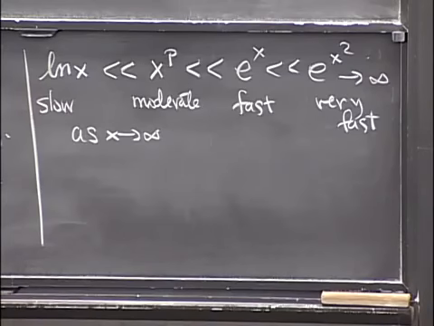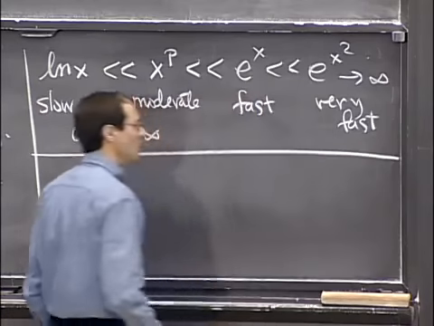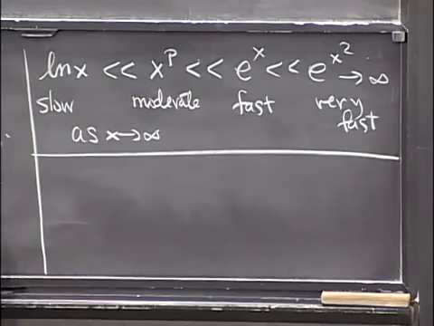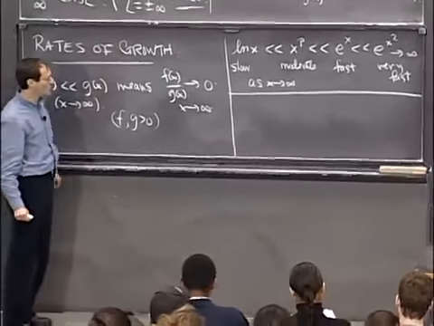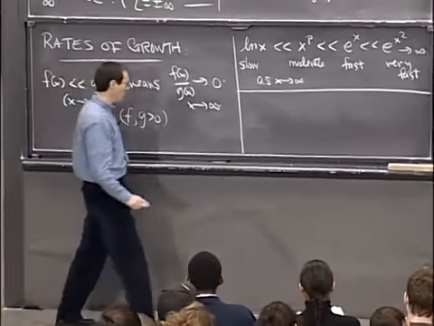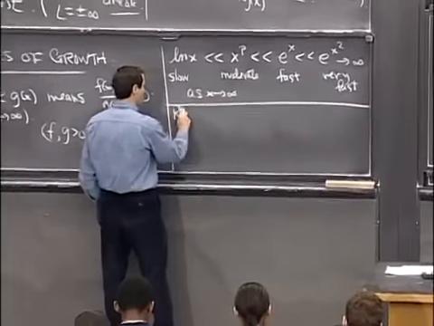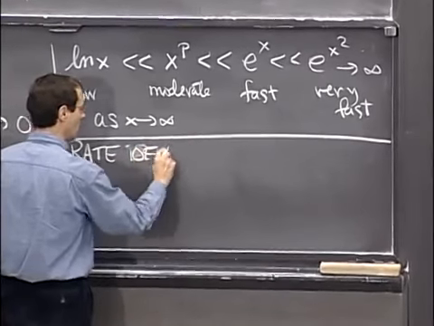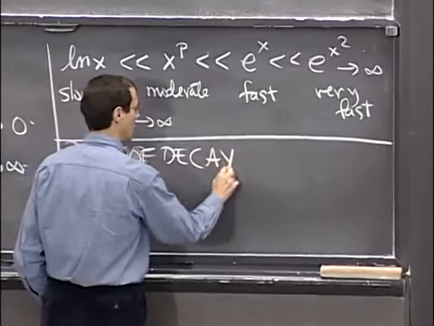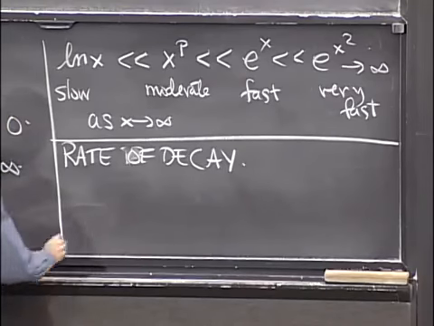And analogous to this, and today we're going to be needing to do this quite a bit, is rates of decay, which are more or less the opposite of rates of growth. So rates of decay are rates at which things tend to zero. And for that, I'm just going to take reciprocals of these numbers.